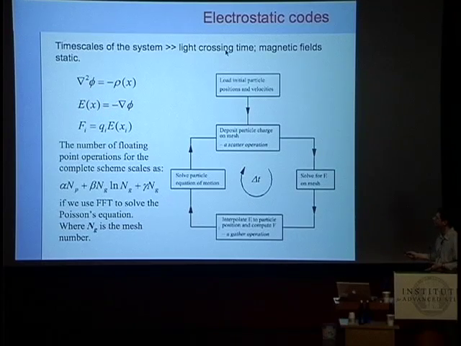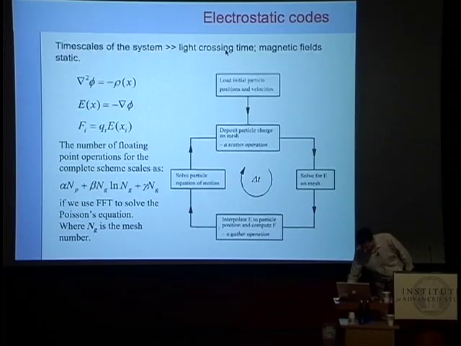All we have is the Poisson equation: del squared of the potential equals the charge density. The electric field can be derived from the potential, and then the force is just the electric field. The loop is very similar again: you move the particles, compute the charges, solve the Poisson equation, interpolate the electric fields, and repeat.